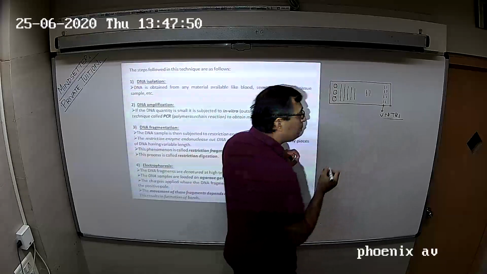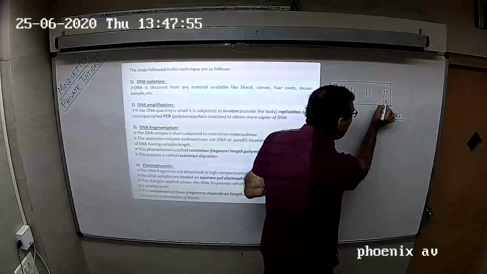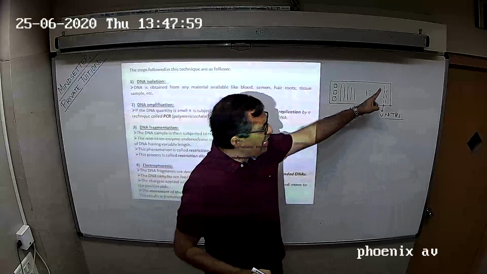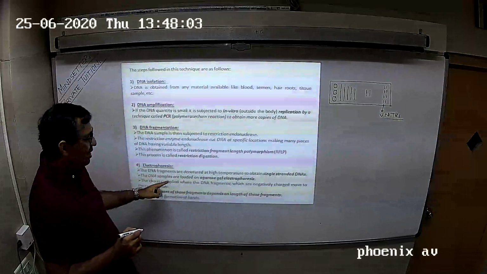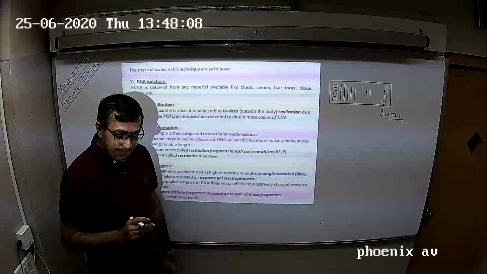The variable number of tandem repeats are the most common and they will be repeated maximum times. So VNTRs सबसे ज़्यादा repeat होंगे and sir that will be done as a gel electrophoresis.